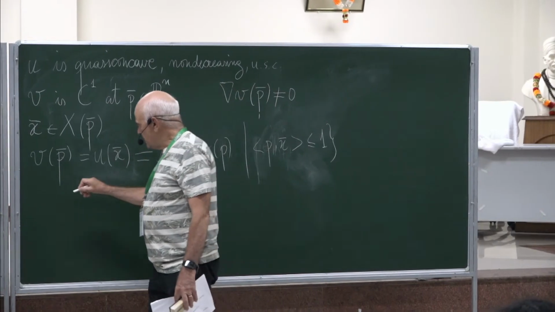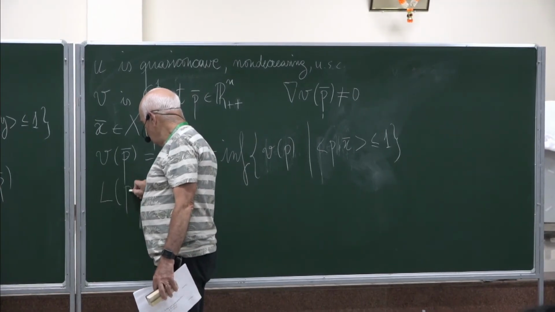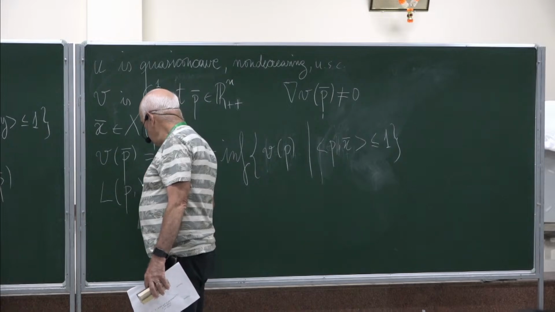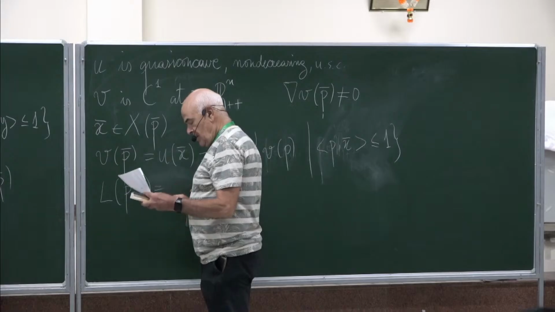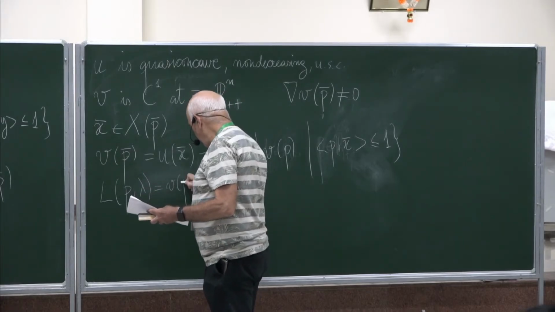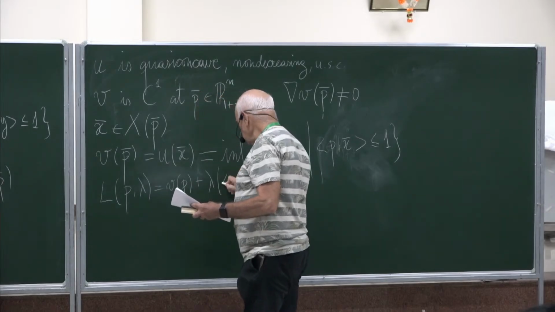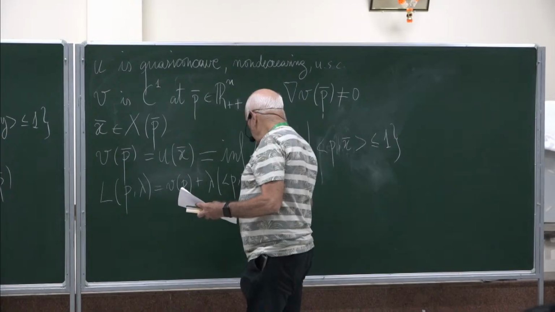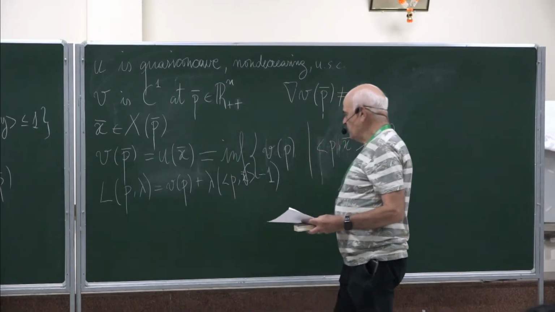So let us write the Lagrangian. The variables are P and the Lagrange multiplier, which is lambda, and this is V of P plus lambda times (P X bar minus 1).